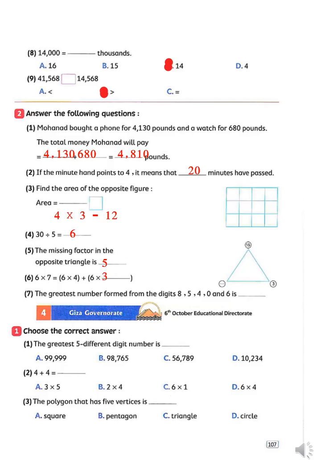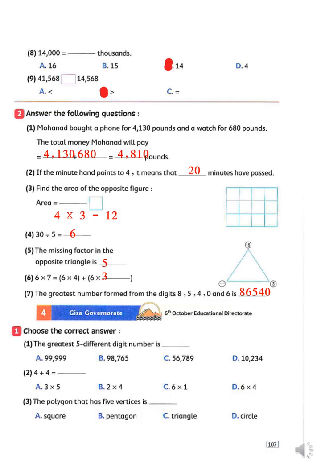The greatest number formed from the digits 8, 5, 4, 0 and 6 is 86,540.